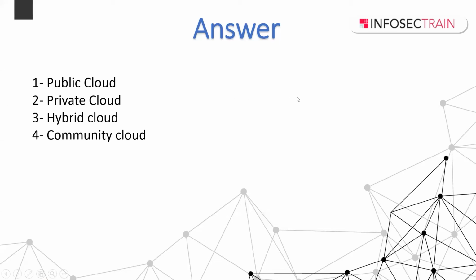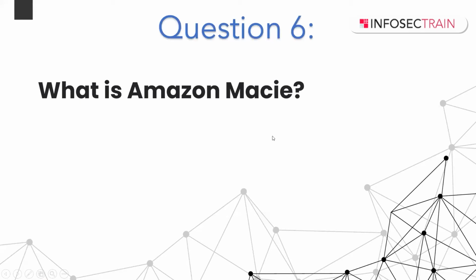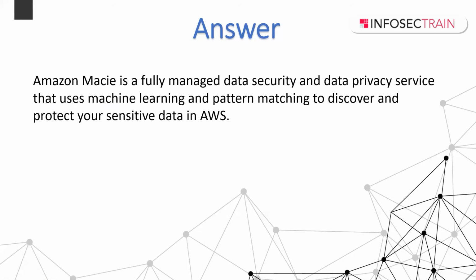Now, team, moving to the next question. What is Amazon Macie? Macie is a fully managed data security and data privacy service that uses machine learning and pattern matching to discover and protect your sensitive data in AWS. Macie automatically discovers data like your PII, that is personally identifiable information.